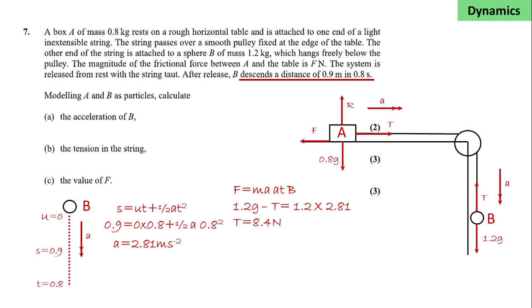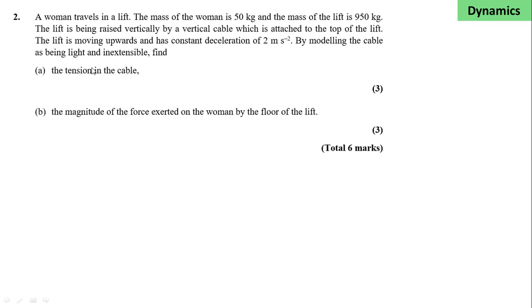To calculate the value of F, we apply F equals ma to the block A. Here we have the tension, 8.4 newtons, minus the friction F. That's going to equal ma, 0.8 times the acceleration 2.81, from which we can calculate that the value of F is 6.15 newtons.